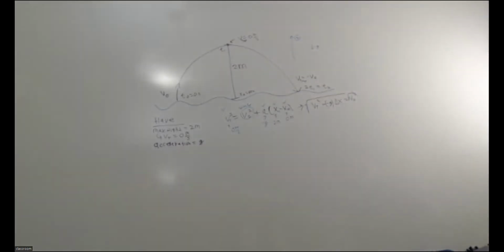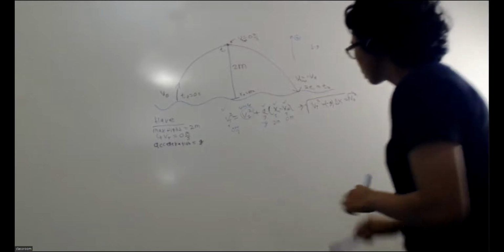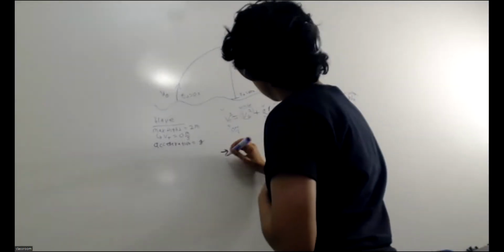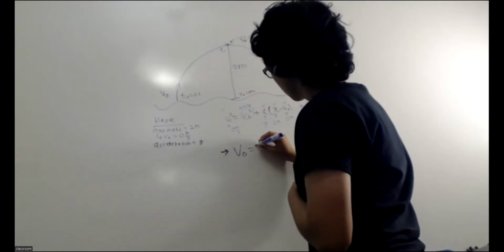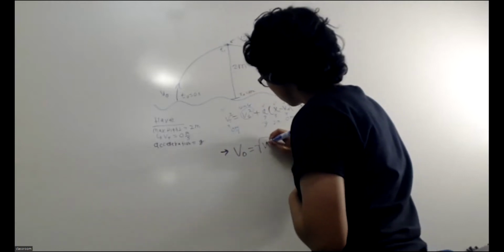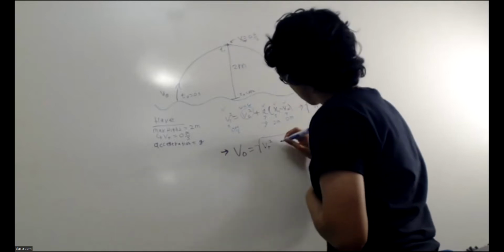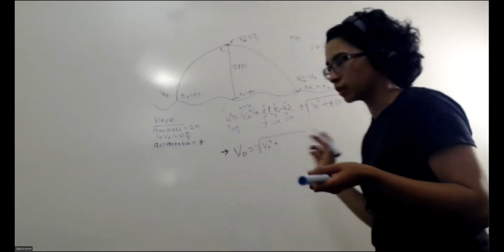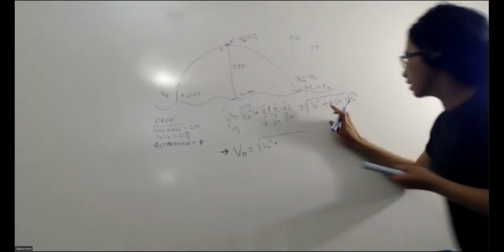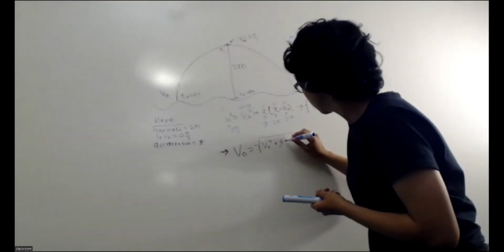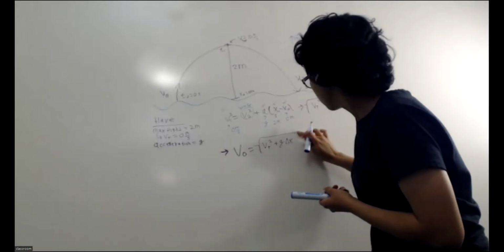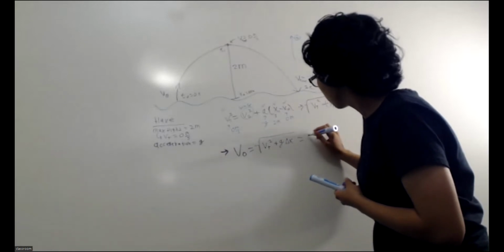Cool. So then that gives us the equation V naught is equal to the square root of V squared plus, because the minus a negative, is equal to gravity times delta x. And there we go, just plug it in.